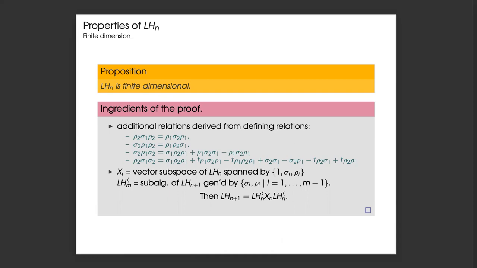With the loop braid relations, the additional quadratic relations and the original quadratic relation, we can write other relations to solve terms where, for example, in lower degree, let's take LB_3, you see here I have rho_2 sigma_2 rho_2.